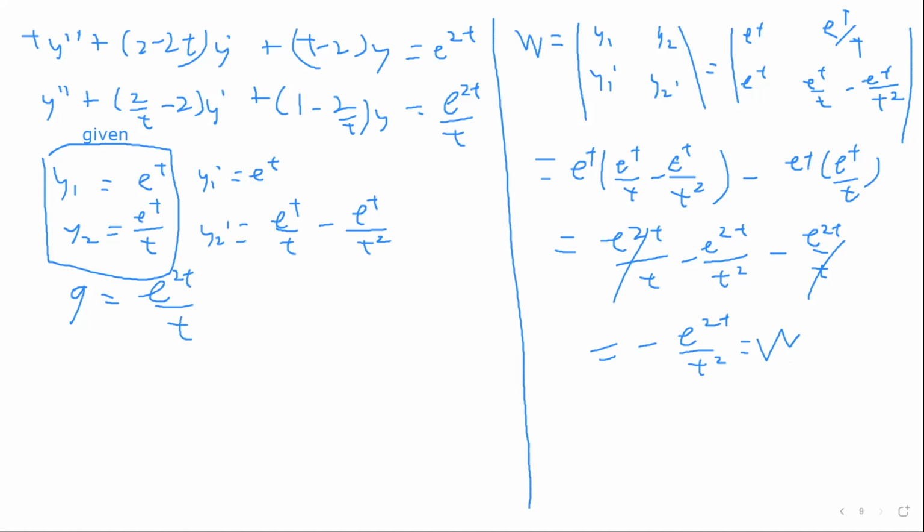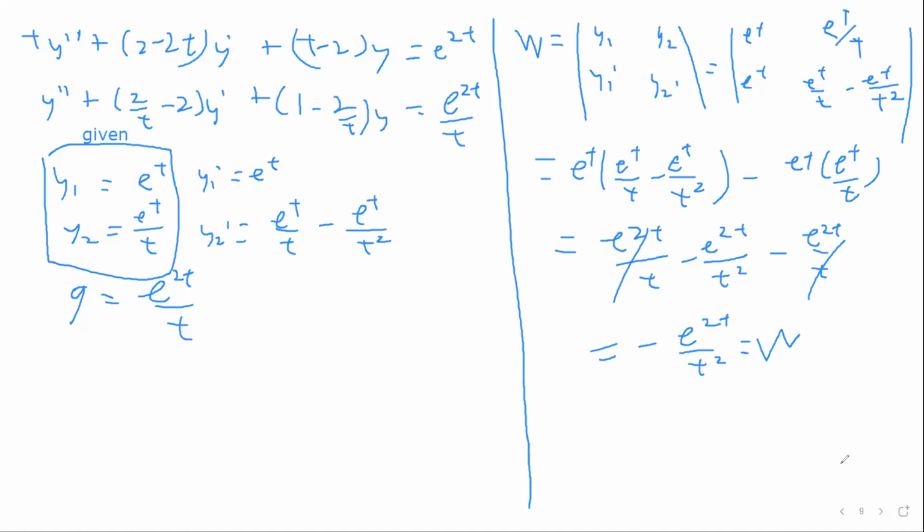Okay, now we will do Wronskian 1 and 2 on the next page. Wronskian 1 is, of course, the determinant of 0, g, and y2 prime. We know that g is e to the 2t over t. So we have 0, e to the 2t over t, and e to the t over t.